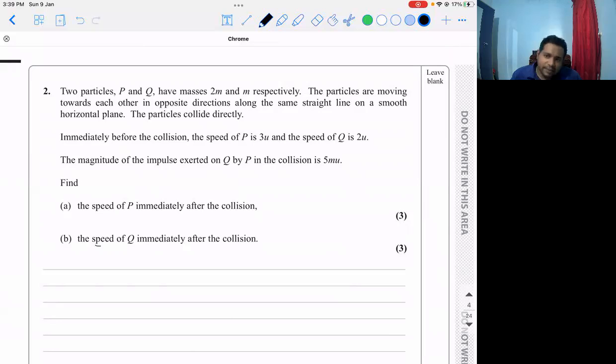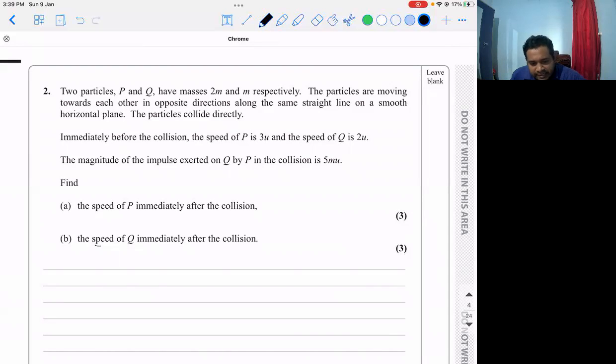Similar to the first question, this question also has 2 parts. The first part is about finding the speed of P immediately after the collision. Then in the second part, the speed of Q immediately after the collision.